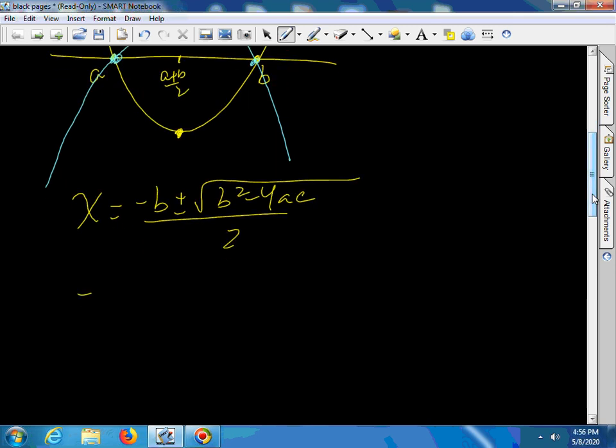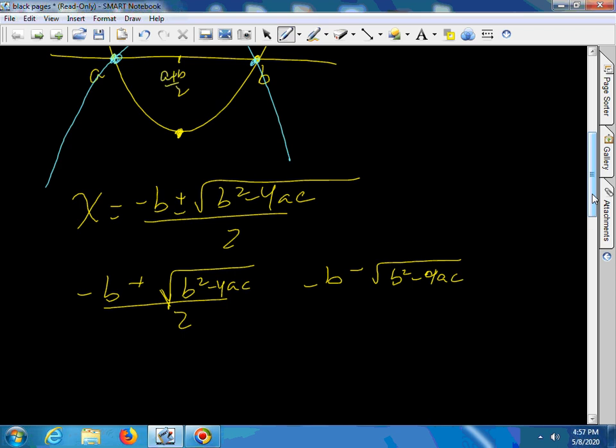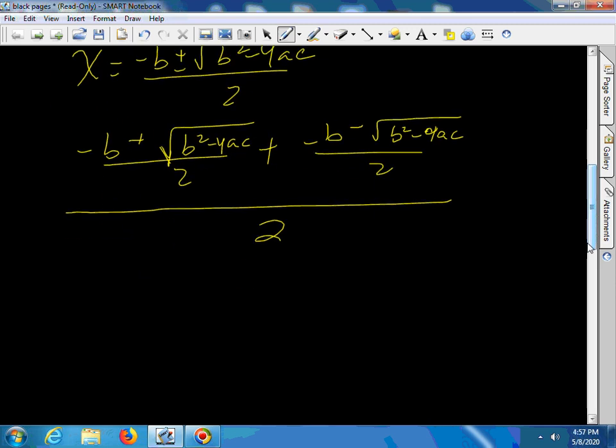One root is negative b plus the square root of b squared minus 4ac over 2a, and the other root is negative b minus the square root of b squared minus 4ac over 2a. Let us add them and divide by 2. That will give me the average.